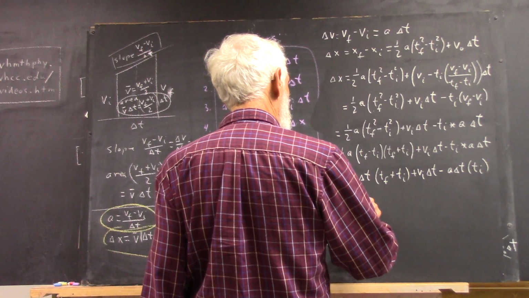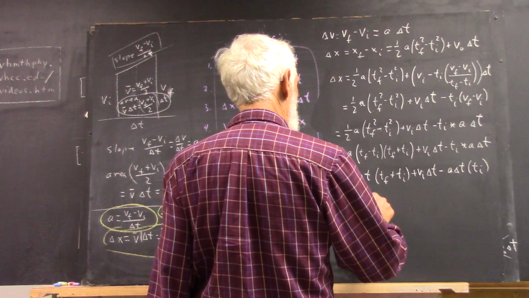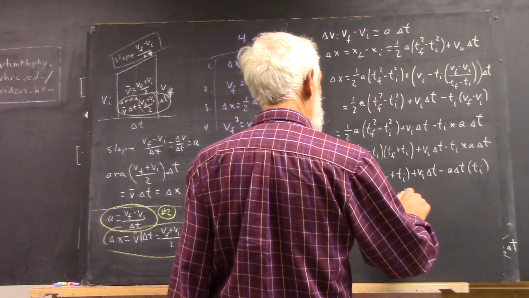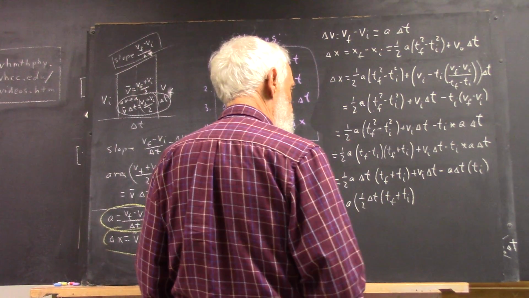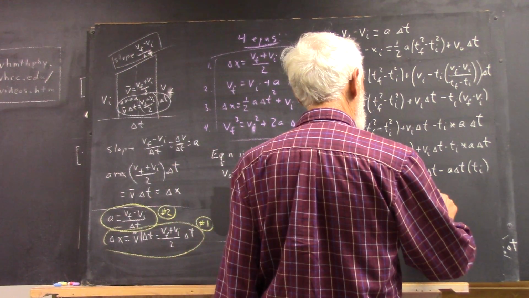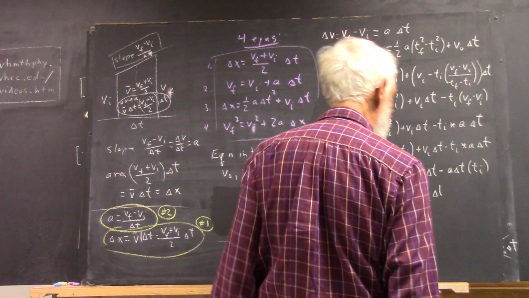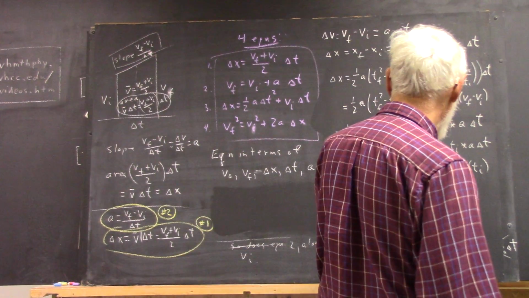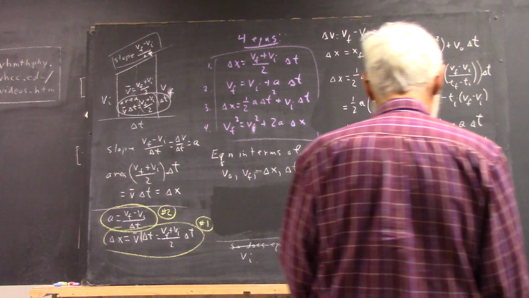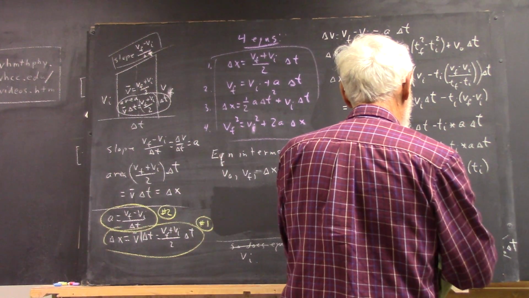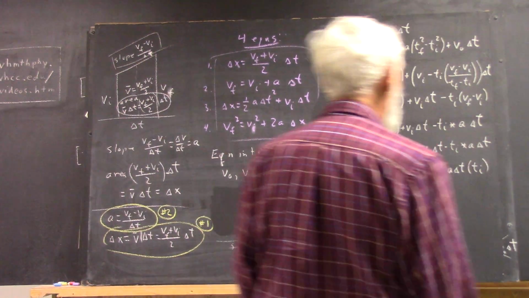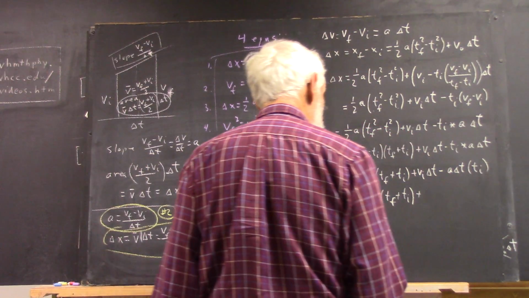Okay, I've got an A times 1/2 delta T times (TF plus TI) plus VI delta T. I don't want that there. Let's try to keep it at least halfway clean. I want to include my A delta T times TI.